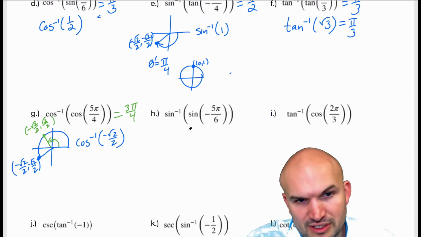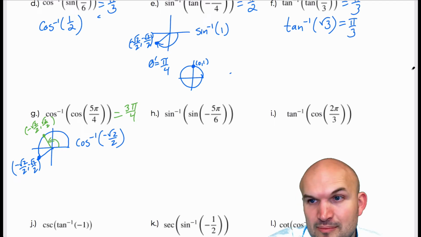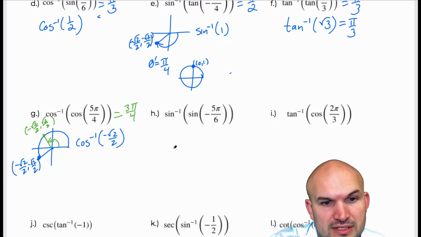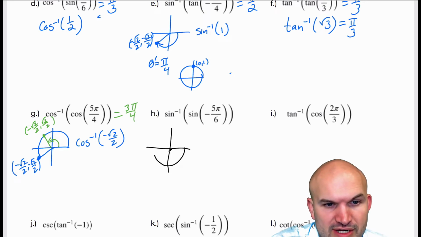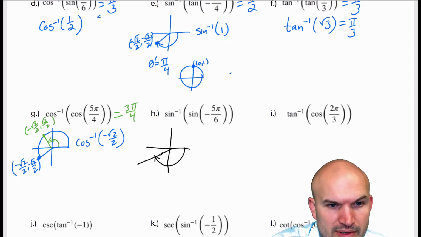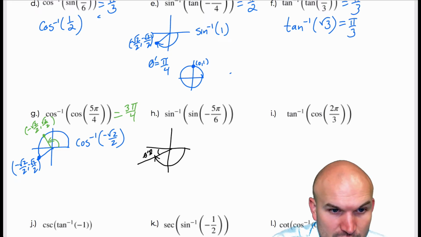And now let's go and look at sine. So again, we have a sine inverse. So this is negative 5 pi over 6. Let's just sketch where this is going to be. So negative 5 pi over 6 is over here, right? It has a reference angle of pi over 6.